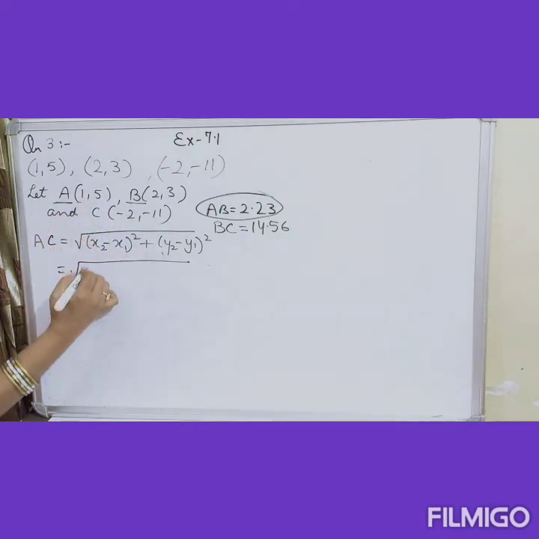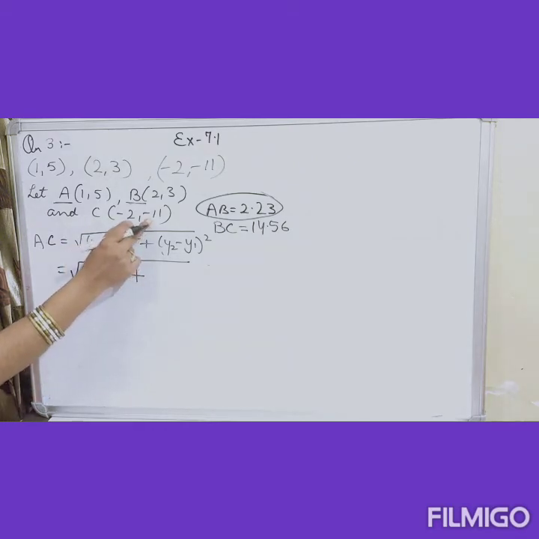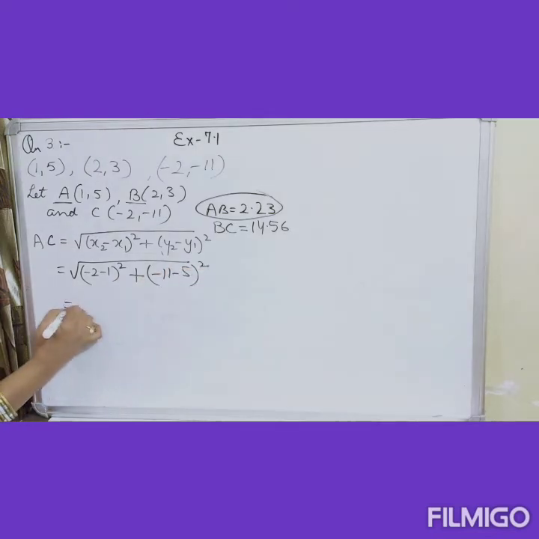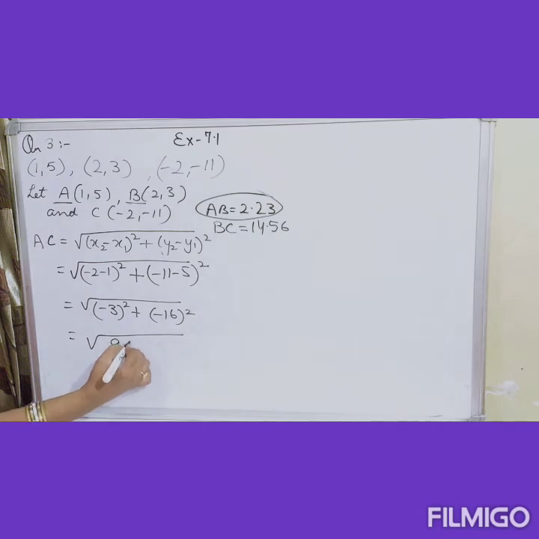So 2 minus 1 whole square plus 11 minus 5 whole square, which is equal to minus 3 whole square plus 16 whole square, and finally we get 9 plus 256, which is 265, and the value of the root of 265 is 16.27.